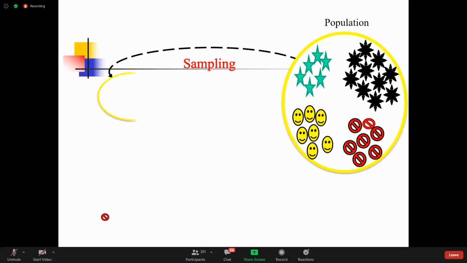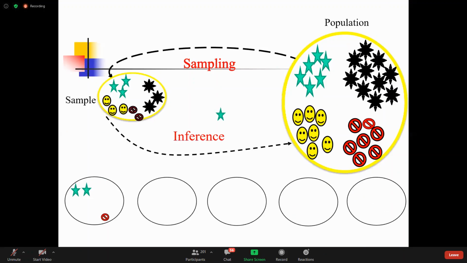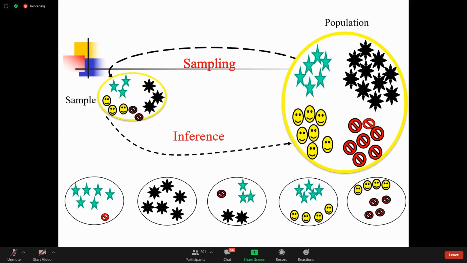So remember, I'm repeating this again and again, and you may get sick and tired of it. But the concepts are new, and I will keep repeating them until we are familiar with them. So we have a population, we took a sample, and now we're dealing with this sample.